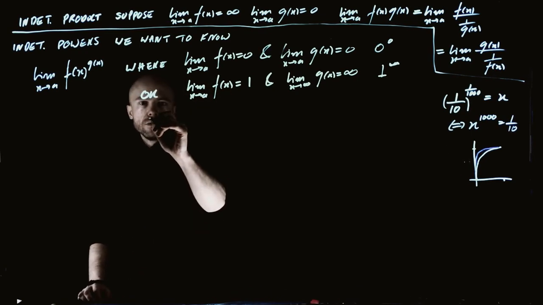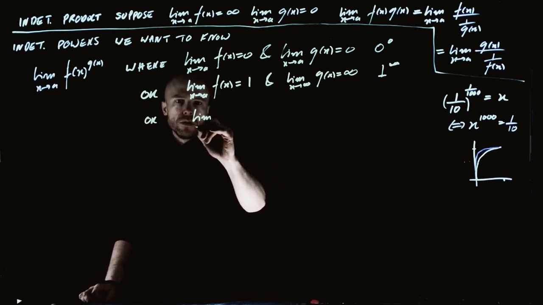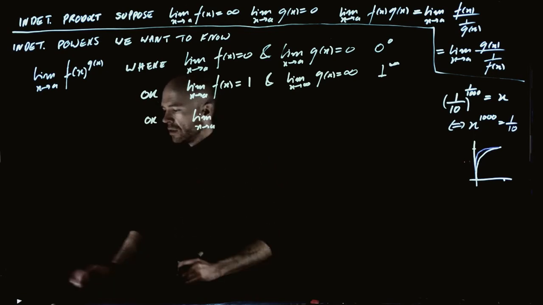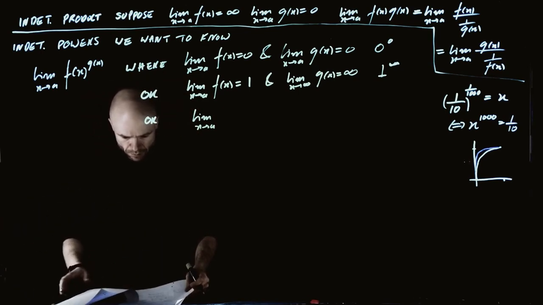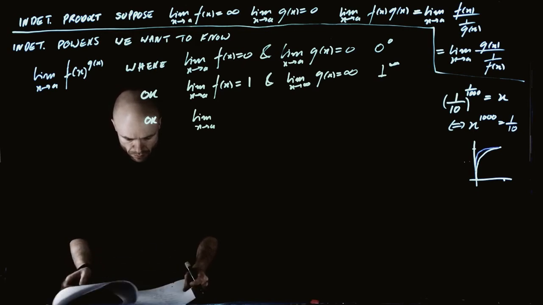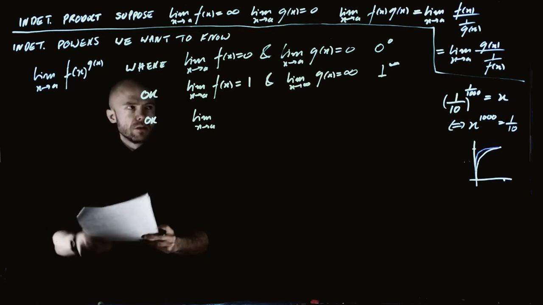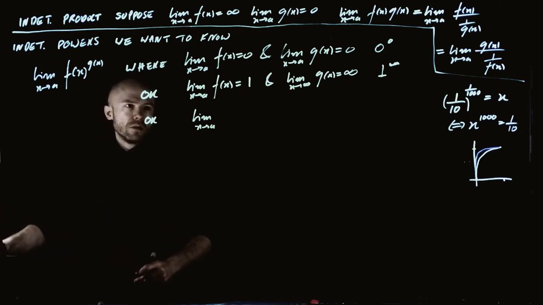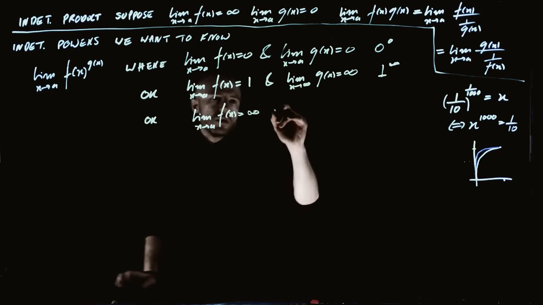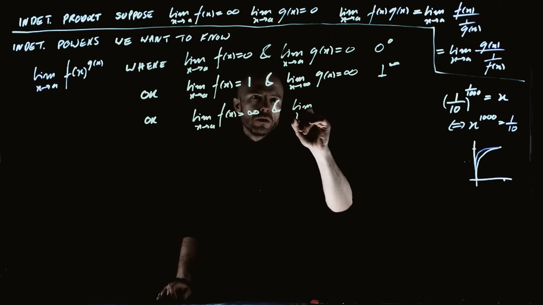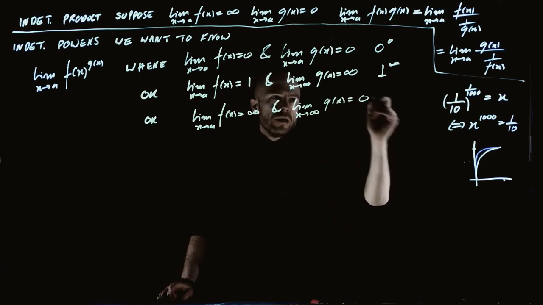Final situation for limit as x goes to a. I think it's 0 to the infinity, but let me check. Infinity to the 0. F of x equals infinity, and the limit x tends to infinity, g of x equals 0. Again, a battle.